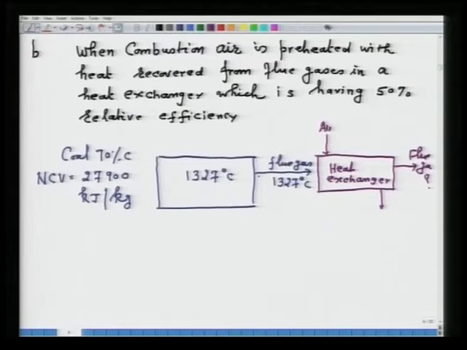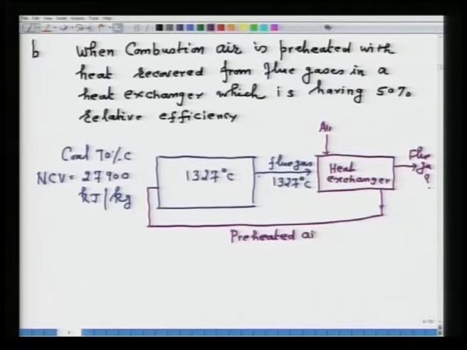So, what we are doing now, we are taking air from here and we are supplying this air into this furnace. So, here we have a preheated air. Now, that is what our loop is. Now, what we have done in the furnace, we have installed a heat exchanger, it extracts the heat and heats the combustion air.